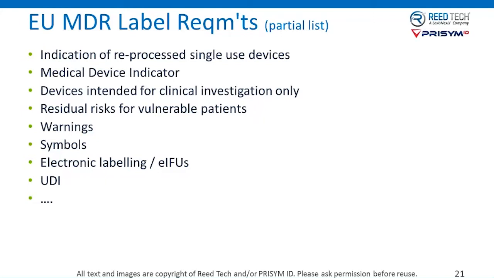Basically, each device is going to need to be accompanied by the information needed to identify the device, so that's no surprise. But the amount of information required and the places where it needs to be, there are a lot of complex requirements here. And of course, the other thing with the EU is often the requirement for multiple languages as well.